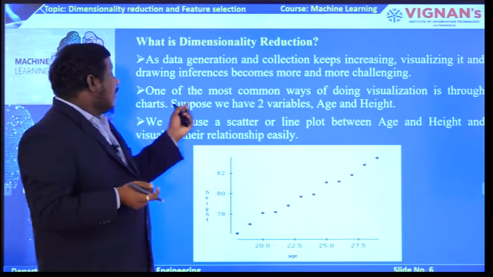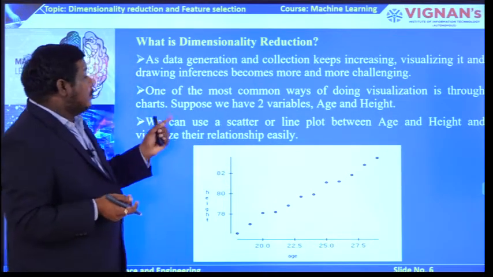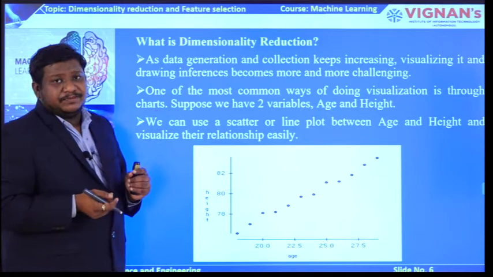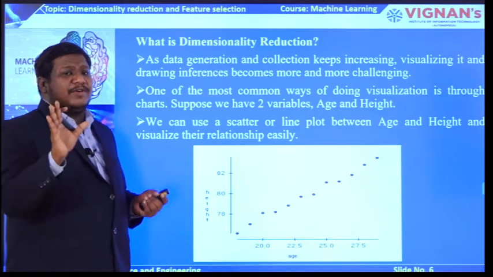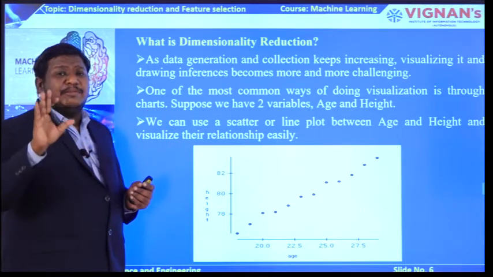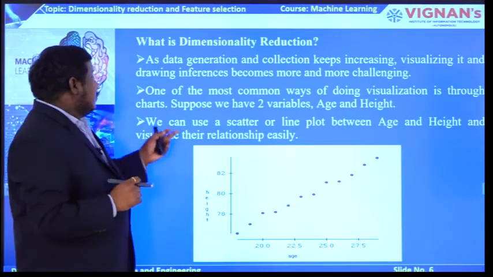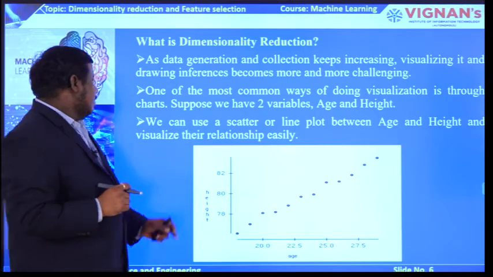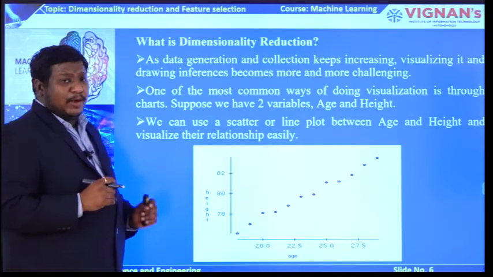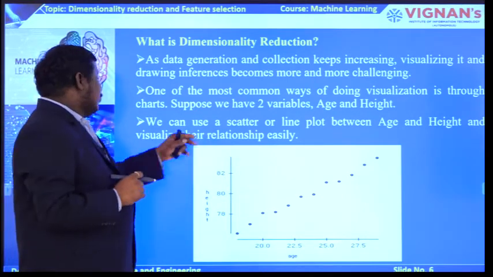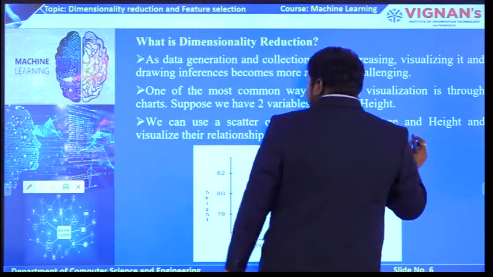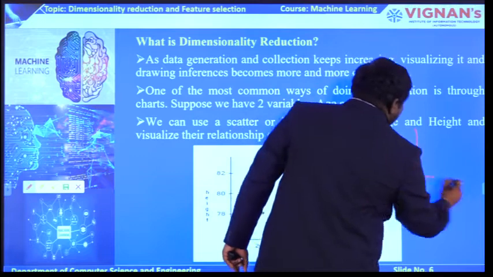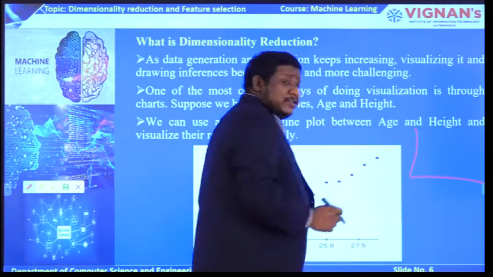And the second one is, one of the most common ways of doing visualization is through charts. Representing such large data in the form of charts is one of the main easy solutions. Suppose we have two variables, age and height, we can use a scatter or line plot between age and height and visualize their relationship. Suppose here you have only two variables, height and age. You can represent these two variables with an xy graph.